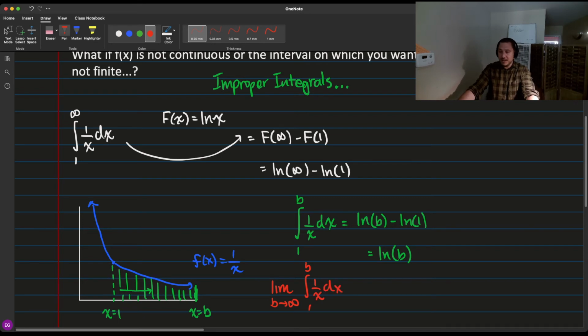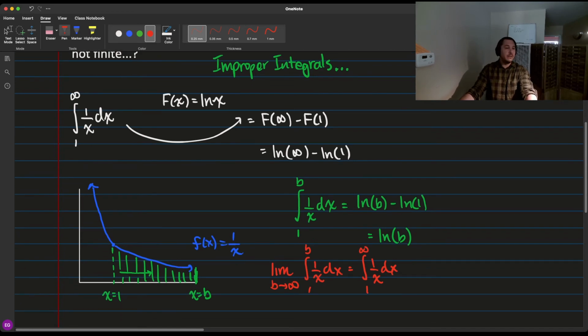That should be the same as just doing the integral from 1 to infinity. Does that make sense to everyone? This is what ends up working. So now I can take the limit as b goes to infinity of the natural log of b, and I should be able to get my answer.